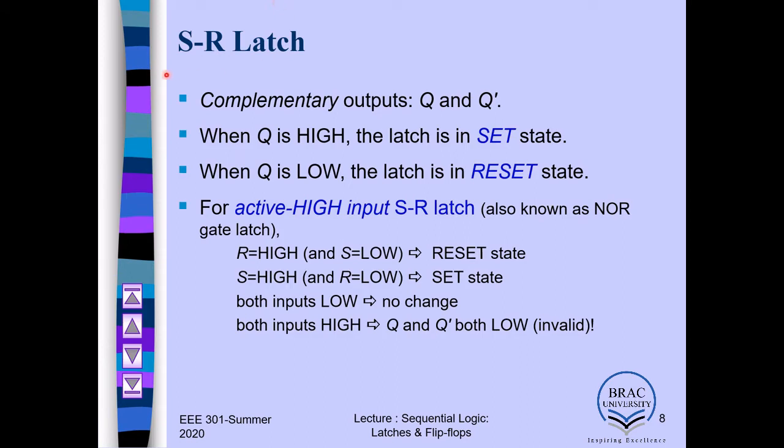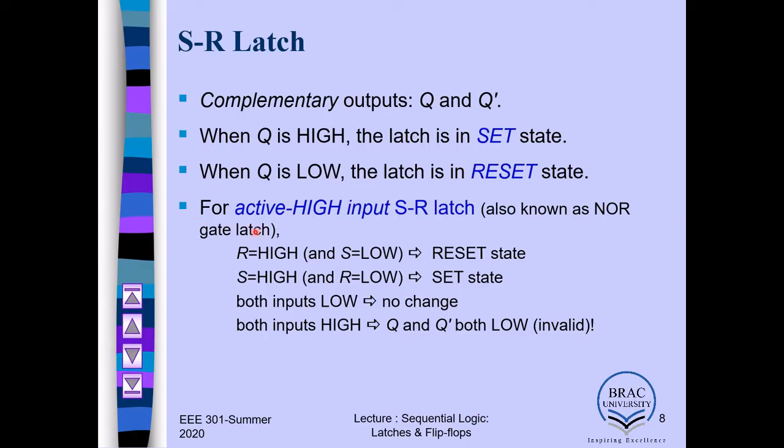SR latches. The complementary outputs for an SR latch are Q and Q prime. When Q is high, the latch is in set state. Q high means set state and Q low means the latch is in reset state.